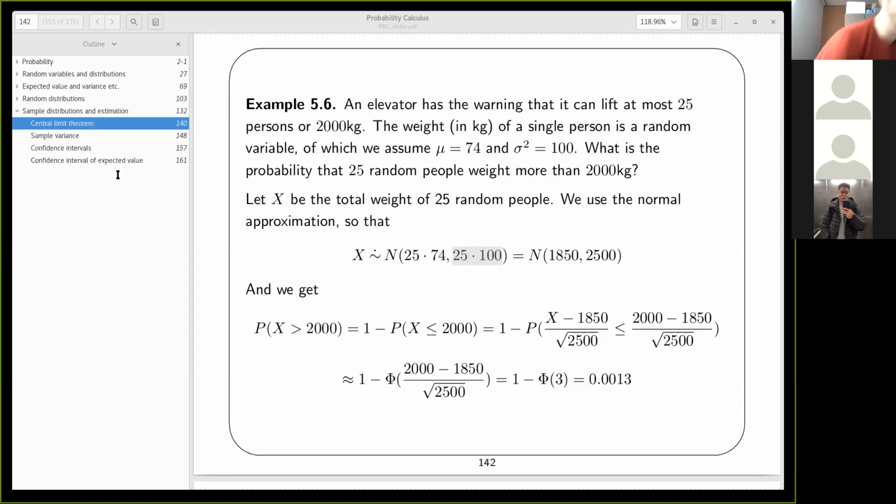It depends on your distribution. We'll talk about the large enough sample for the central limit theorem shortly. If we have a good reason to believe that the underlying distribution is pretty much like a normal distribution, then the n doesn't have to be very large.